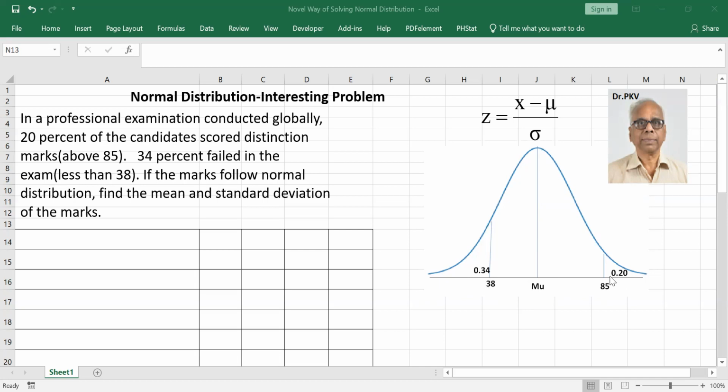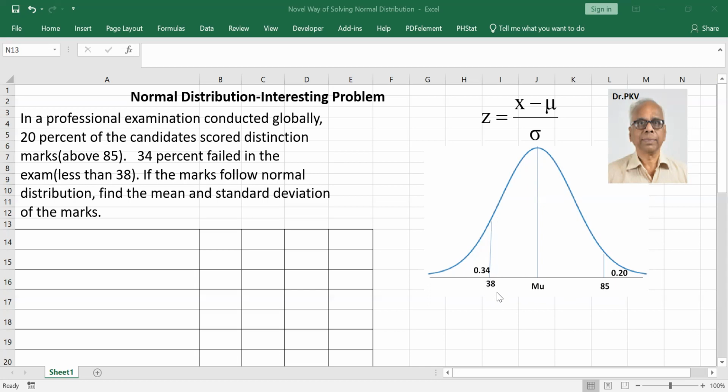So 34% of the candidates failed in the exam, that is, 38 and less. And 85 and above, 20% of the candidates got. So what we need to find out is, if the probability or the percentage of people getting fail marks is 34%, what is the ordinate?